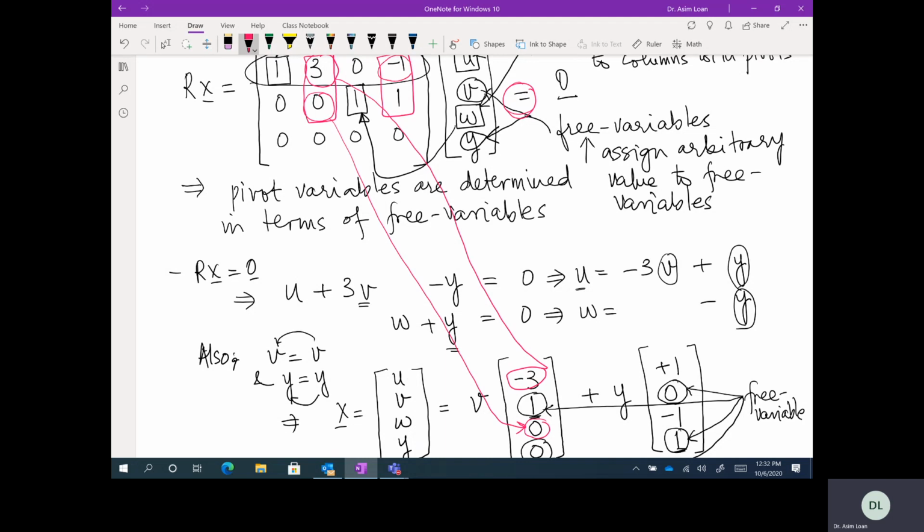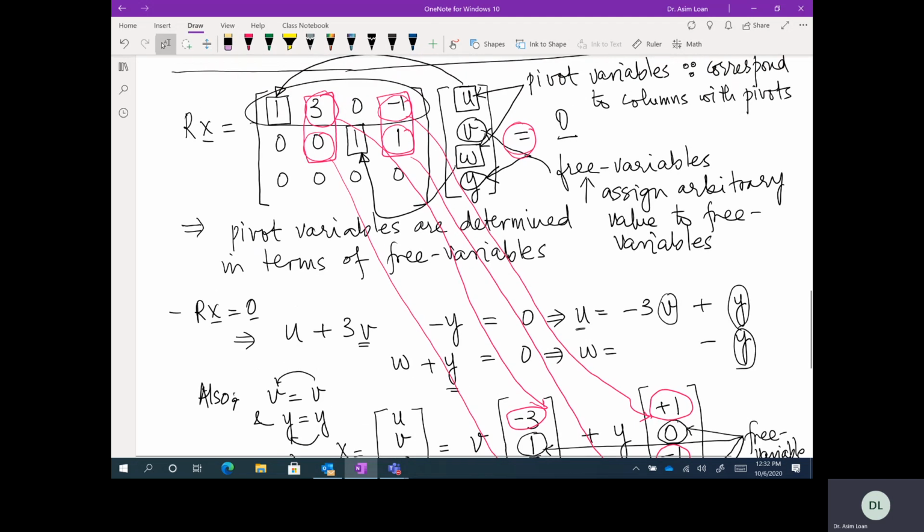And this one becomes a plus 1 here, and this 1, when it goes on the right side of the equal to sign, will become a minus 1 over here. Right? So this is how, directly from the reduced row echelon form, you can write.